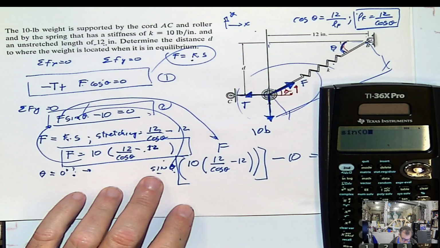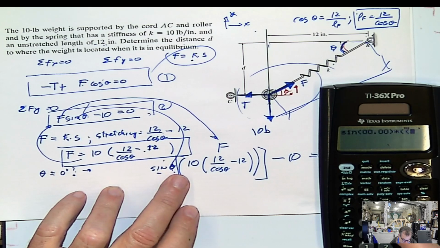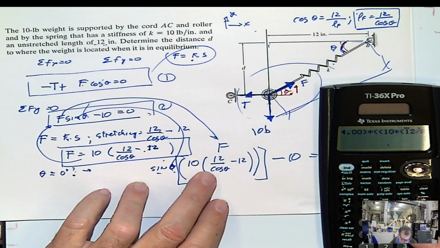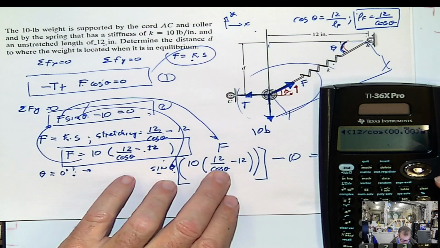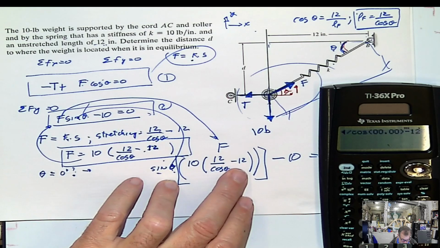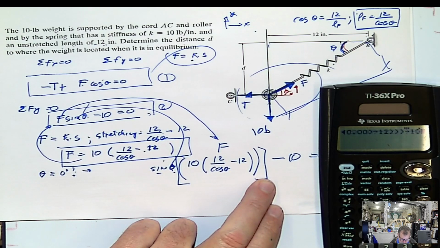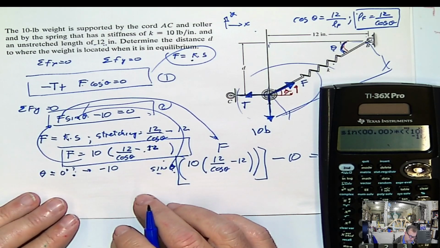Sine, I'm going to put 0.00 multiplied by parentheses, 10 times parentheses, 12 divided by cosine of the angle, cosine of 0.00, close the parentheses, minus 12, close the parentheses, close the parentheses, minus 10, and that should be 0. And I got negative 10. So that means that obviously that wasn't the value that I needed to get.